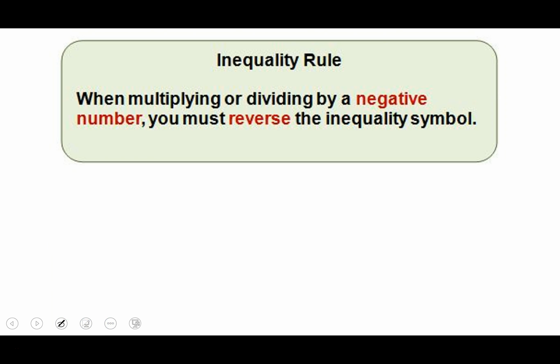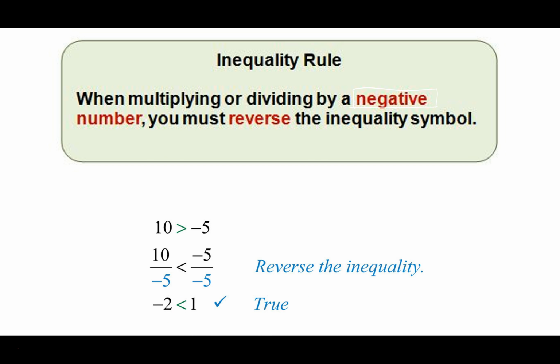So when it goes the opposite way, when multiplying or dividing by a negative number, you must reverse the inequality symbol. What that looks like is when I divide by a negative number, the symbol in the middle switches.